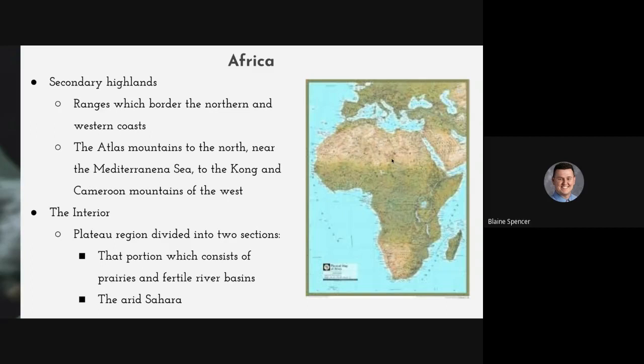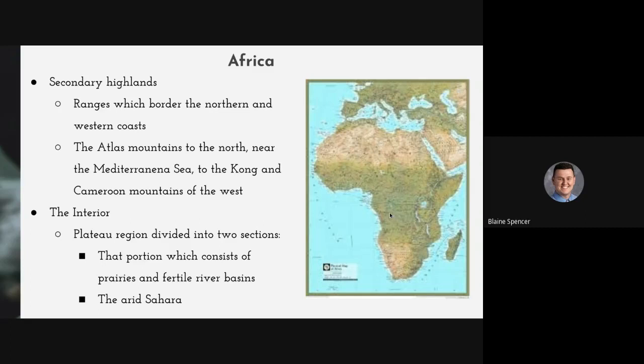The interior, this plateau region, is divided into two major sections. One is going to consist of prairies and fertile river basins. When you're looking at the image, where do you think the prairies and fertile river basins are? That's right, it's in the green.